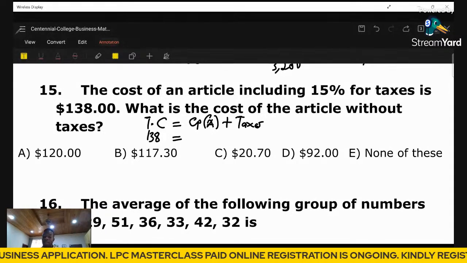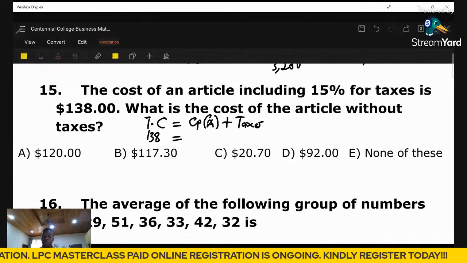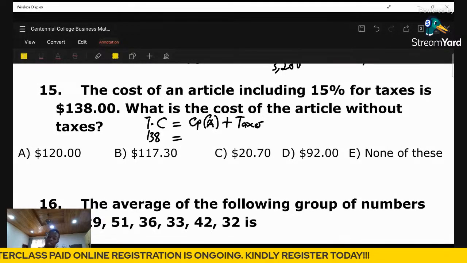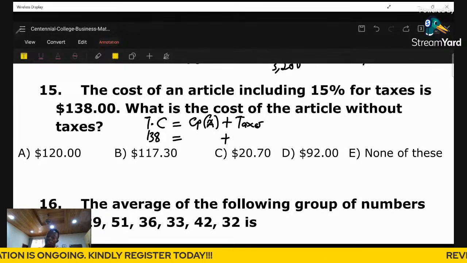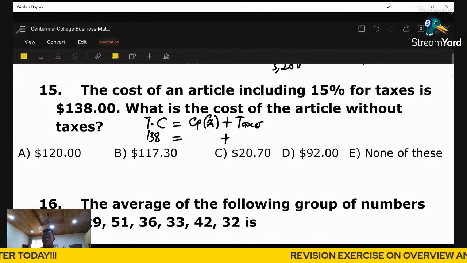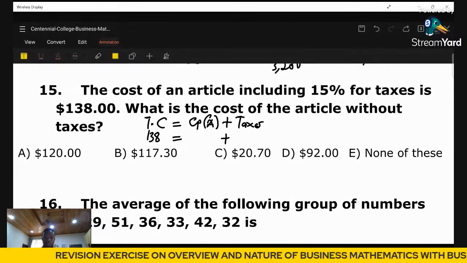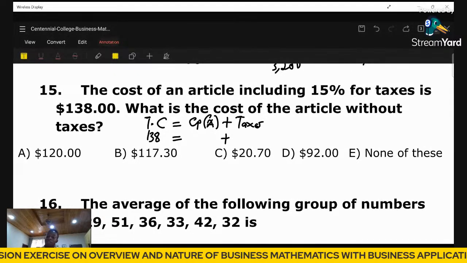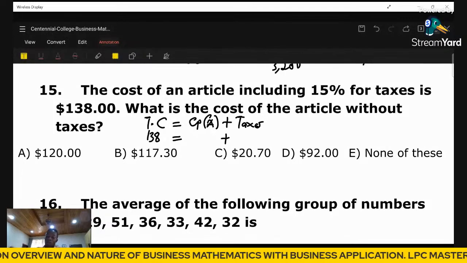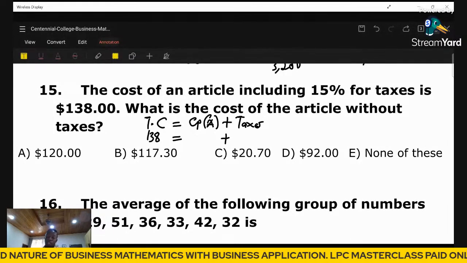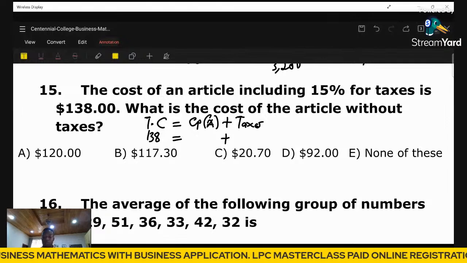And you're saying that the taxes that you pay on the article is 15%, right? So meaning that for us to get the cost of the article, we should have the equivalent of the 138, which is equal to 100%, because the total cost of 138 for the article, which includes the taxes, should be equivalent to 100 percent. So if you have a tax of 15%, meaning that the actual cost of the article in terms of percent is going to be what?